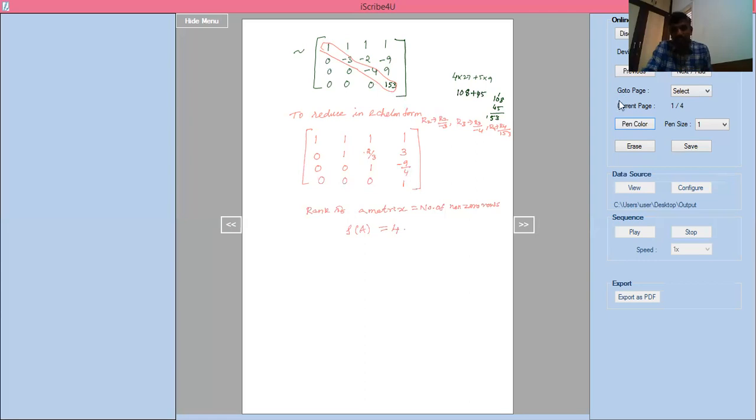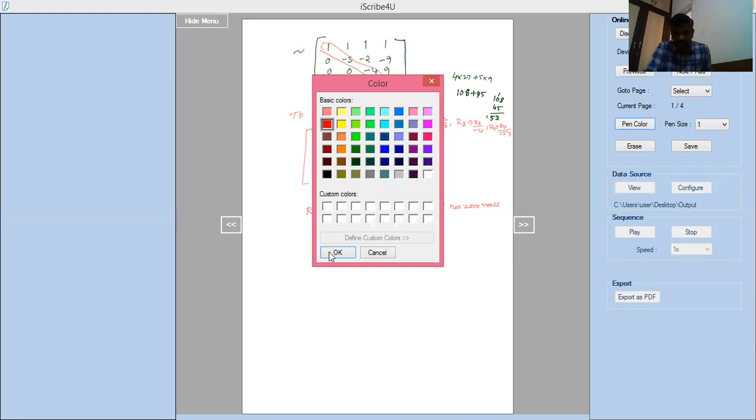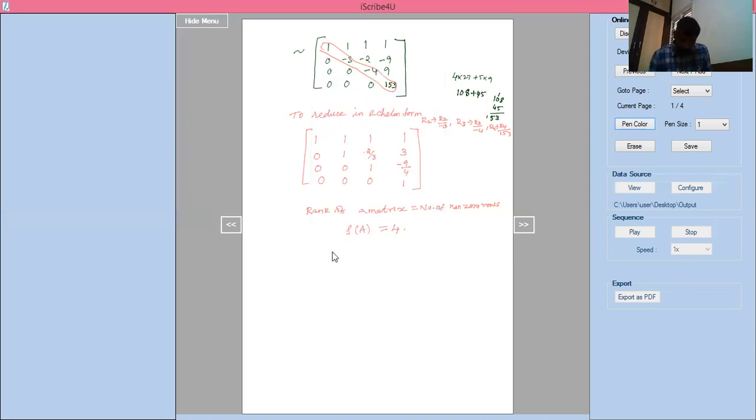So I'll go directly to the rank of a matrix. Find the rank of a matrix. Here echelon form I'm not doing, so directly I'll write it.